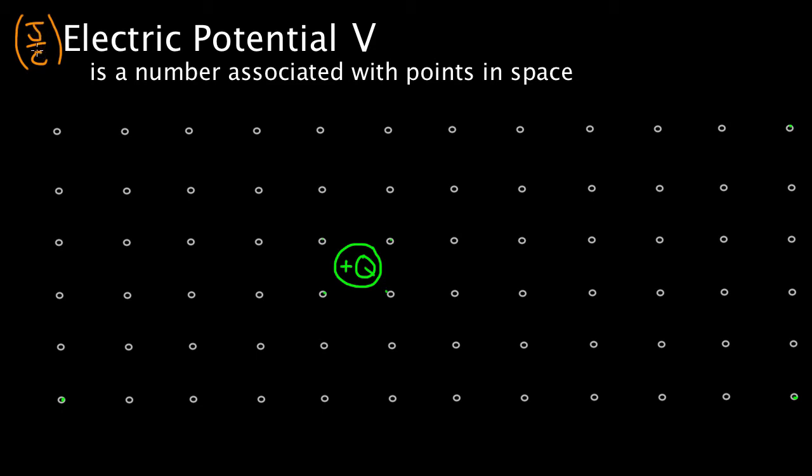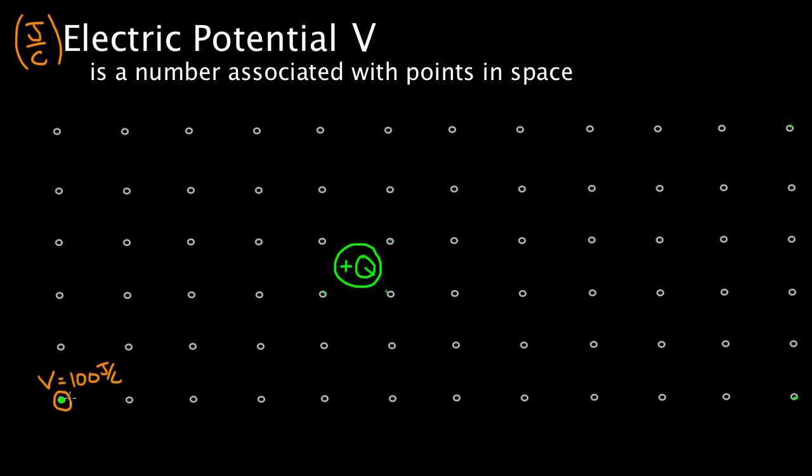And joules per coulomb lets you know, if this point over here happened to have, say, 100 joules per coulomb, let's say the V value at this point in space happened to be 100 joules per coulomb, remember, there's nothing there.